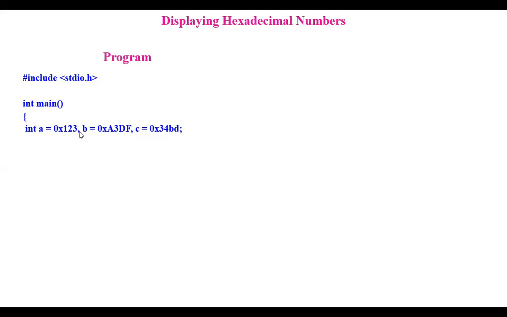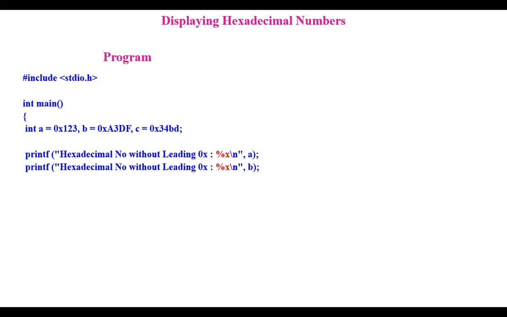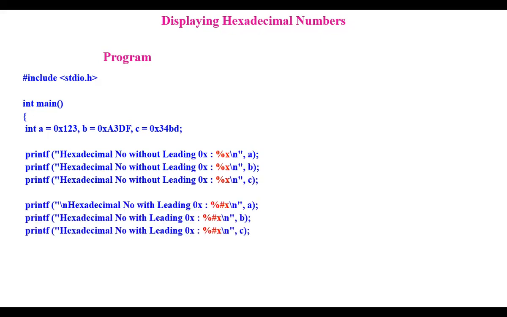Now, 1, 2, 3, A3DF, 3, 4, BD, all these are hexadecimal numbers. The same principle is used here. I want to display A, B, C, 3 integers.